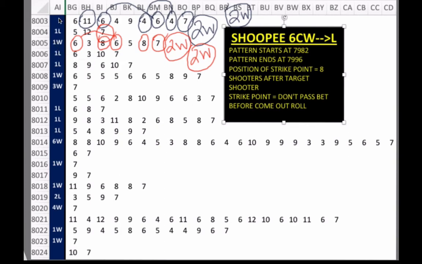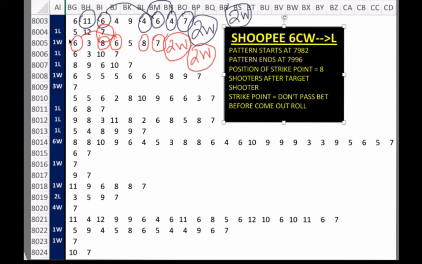Now, you notice all of these within column AI, those are shooter wins because they go by the shooter. They don't go by the actual win series. So for instance, this is 1W because it starts right here. From 6 to 6 is 1.